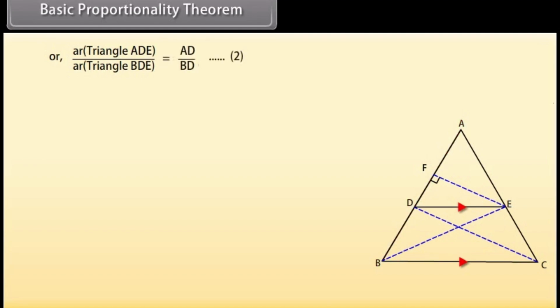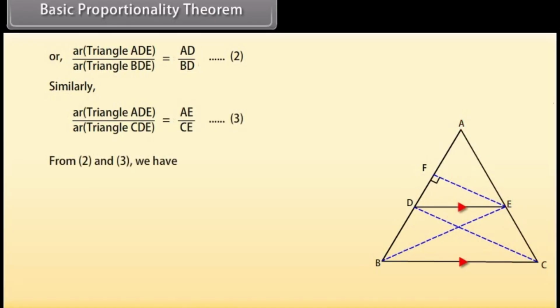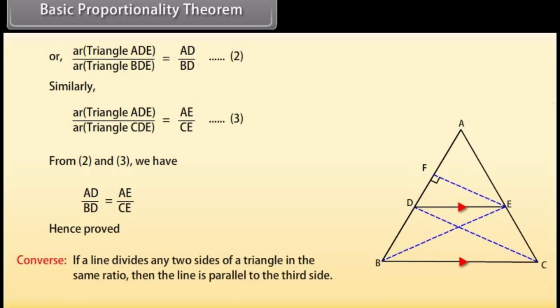Mark it as 2. Similarly, area of triangle ADE upon area of triangle CDE is AE upon EC. Mark it as 3. From 2 and 3 we have AD upon BD equals AE upon EC, hence proved. The converse of this theorem is also true, which says that if a line divides any two sides of a triangle in the same ratio, then the line is parallel to the third side.